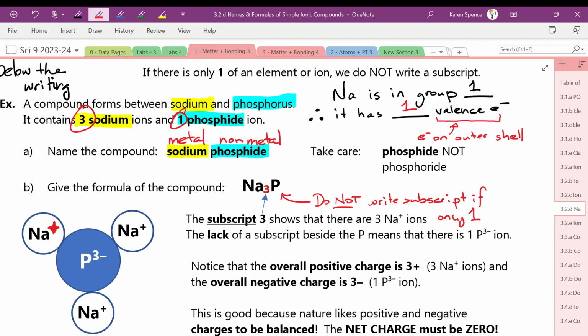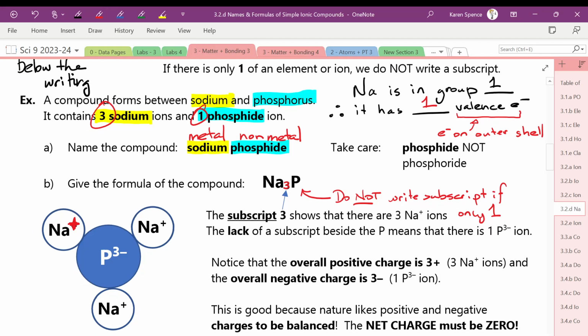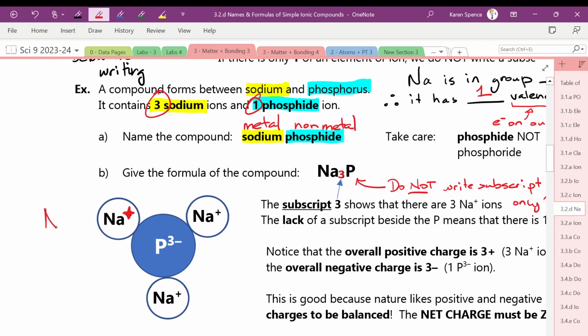What is our total positive charge if we have 3 sodium ions? Each sodium is plus 1, and we have 3 of them. So our total charge is 3 plus. Now, phosphorus. What group is phosphorus in? You should have your periodic table kicking about. It's in group 15.